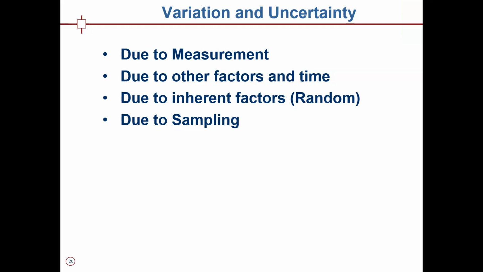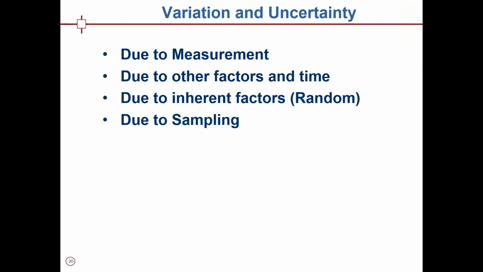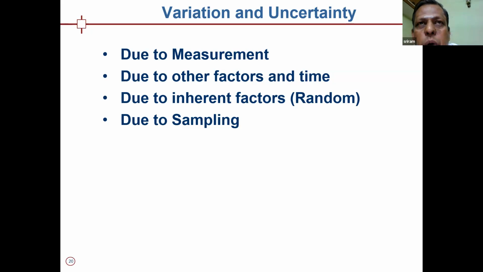And the fourth one is due to sampling. What is due to sampling? If we are not taking adequate sampling, different age groups or something like that. As I told you in the beginning, if you have a population of 10,000 but you are using only 200 samples, there will be variation between 200 and 10,000, right? If you take the HbA1c average for 10,000 people and for 200 people, there will definitely be variation.